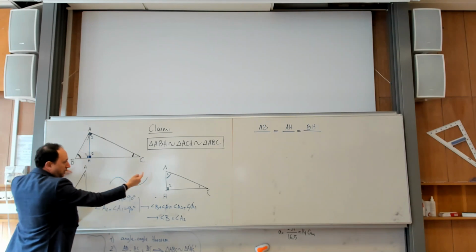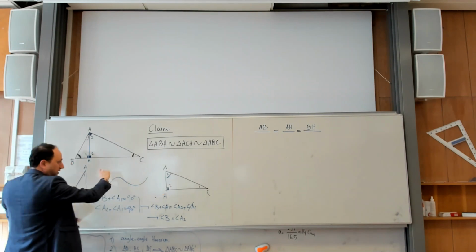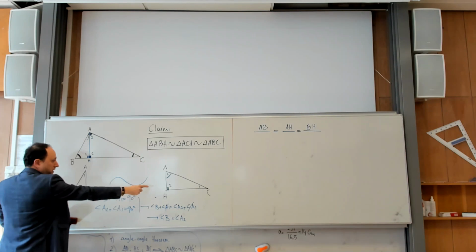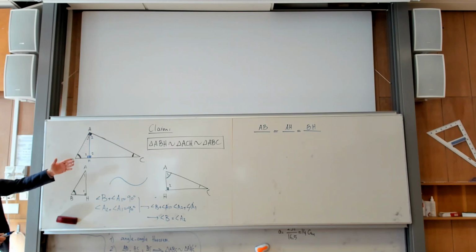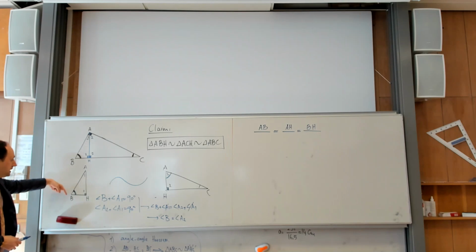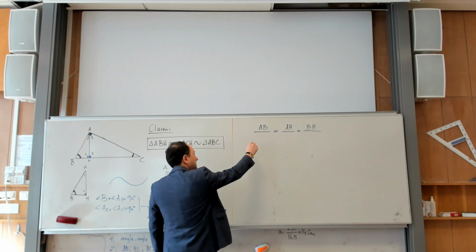This angle, which automatically becomes equal to this angle, goes to the right, and then this becomes more or less the same location. And then you have to start writing. So in that case, if you imagine that, what will happen? If I have written AB on top, then AB will correspond to which one? AC. Then I have to write AC here.